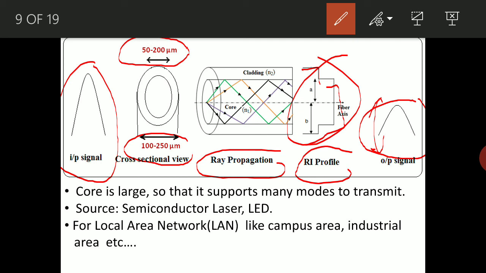Over a certain distance, the amplitude decreases, meaning the strength of the signal is somewhat decreased, and pulse broadening takes place. Due to this, it is not desirable for long distance communication. Previously, single mode is desirable for long distance communication, while this multi-mode step index fiber is not designed for long distance communication.